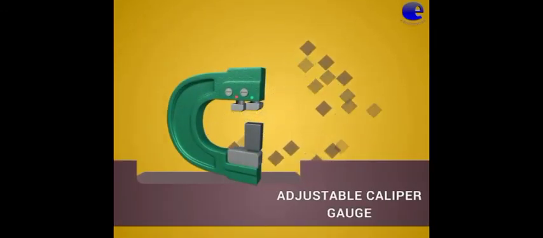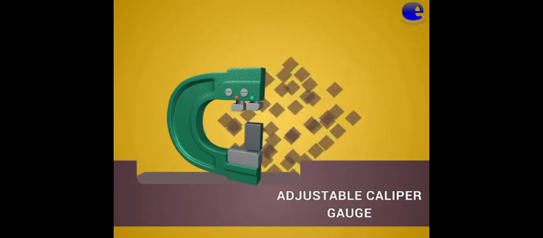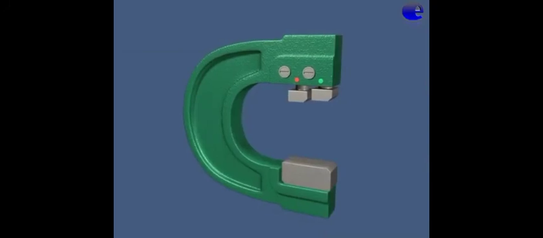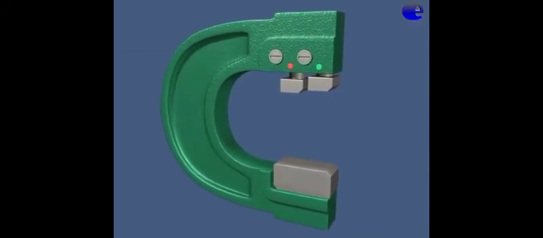Adjustable caliper gauge. In this video, we are going to see about the adjustable caliper gauge. It consists of an adjustable anvil and a fixed anvil. Go is marked in green color. Place the slip gauge on the anvil.